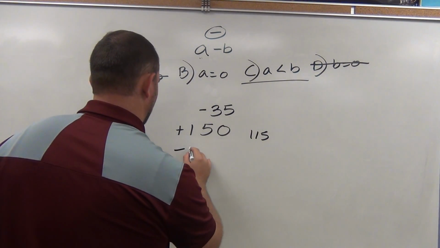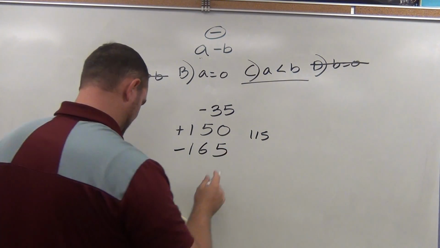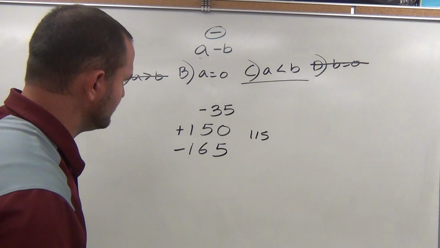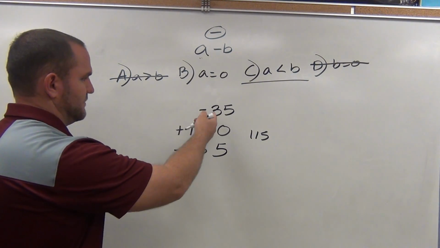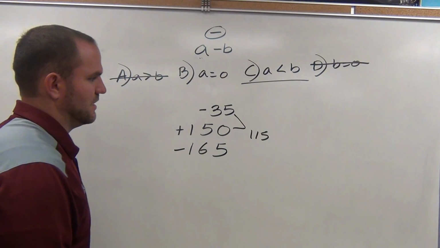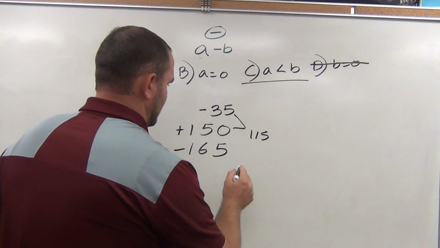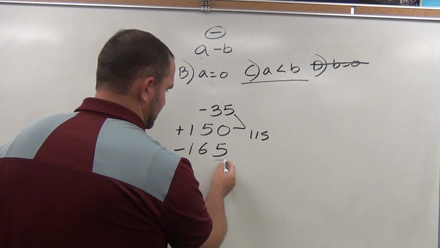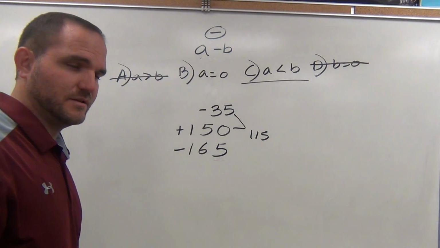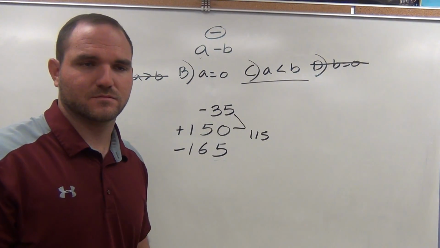And really, I did this a little soon, but it would kind of look like this. It'd be another $165 there. And so you have a negative, positive, and negative. We already put these two together there, so that's $115 that you have positive in your account. Now, taking out $165 more dollars, in your bank accounts, you can actually overdraw.